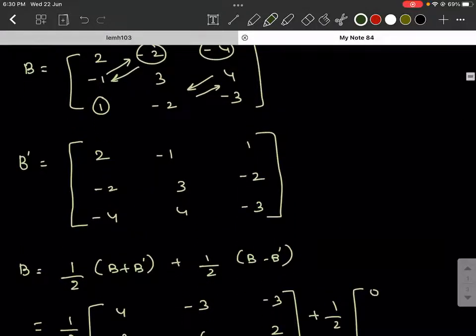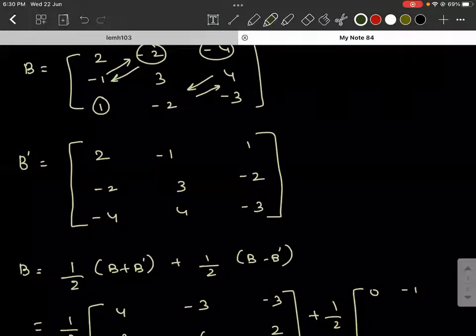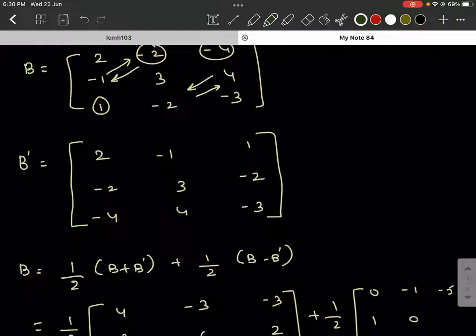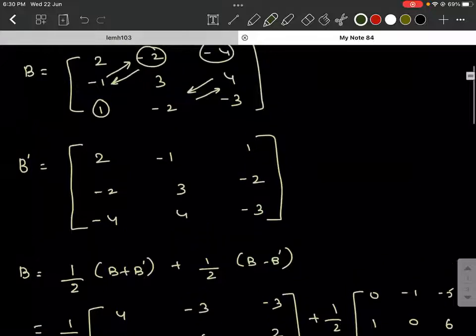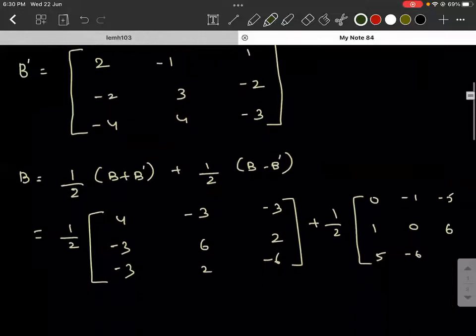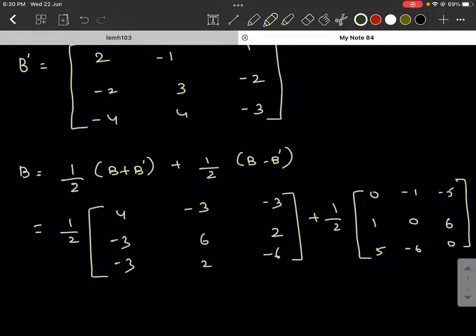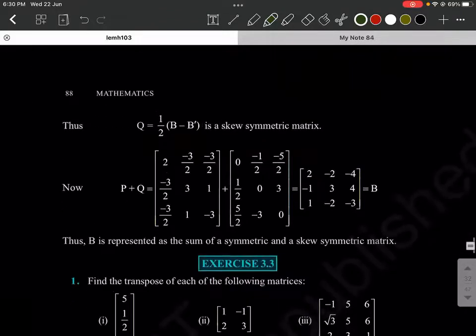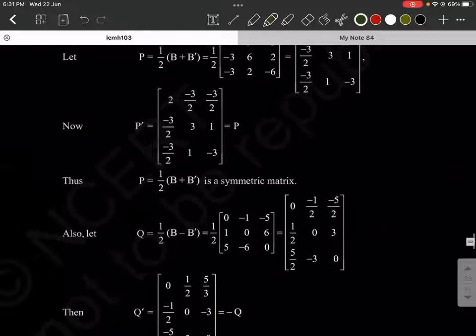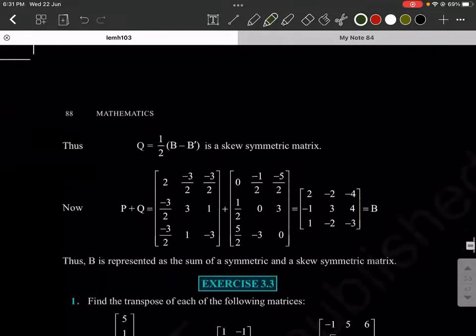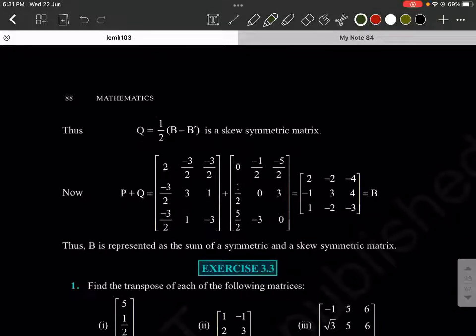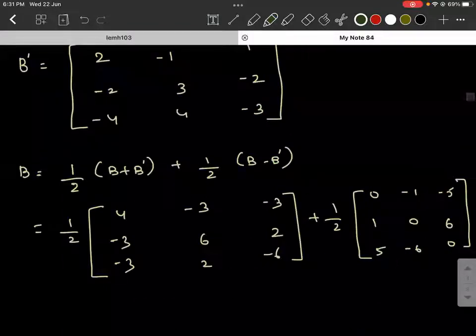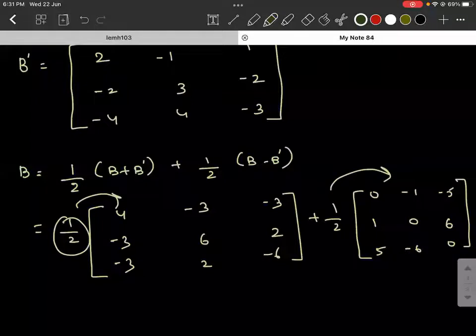B minus B transpose: 0, minus 2 plus 1 is minus 1, minus 4 minus 1 is minus 5; minus 1 plus 2 is 1, 3 minus 3 is 0, 4 plus 2 is 6; 1 minus of minus 4 is 5, minus 2 minus 4 is minus 6, minus 3 plus 3 is 0. So you have expressed them. They multiplied this half inside, this half also inside. So that is what they have written here.